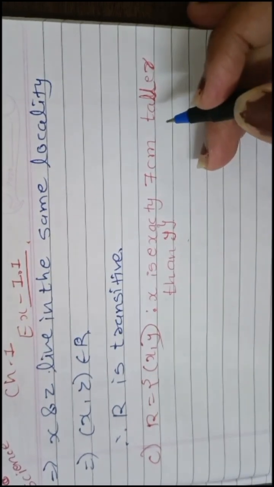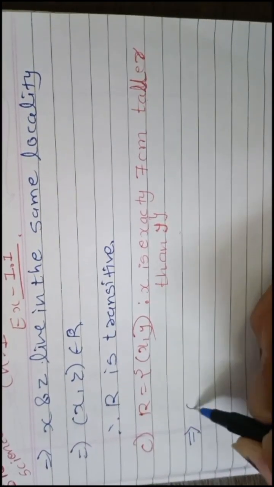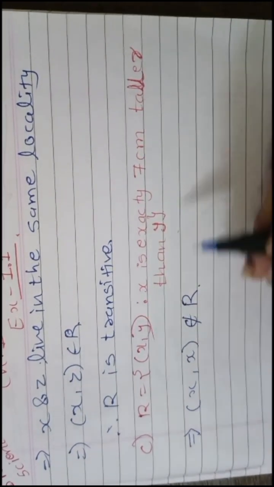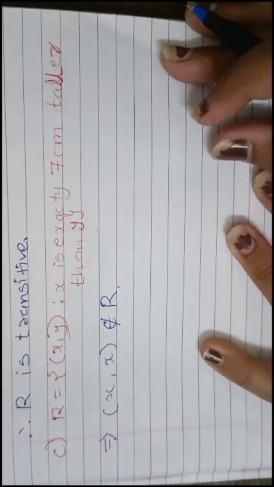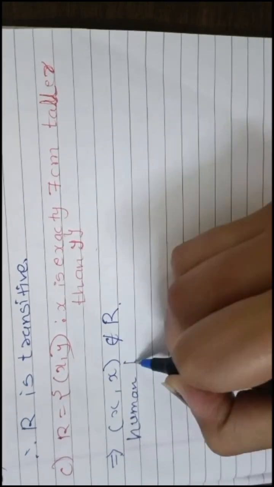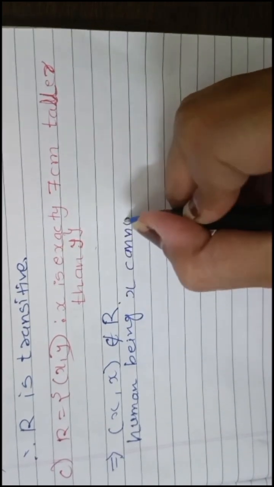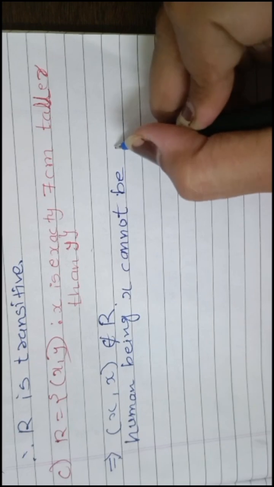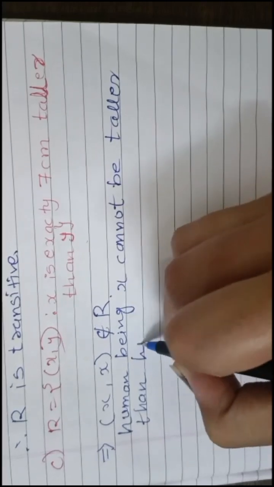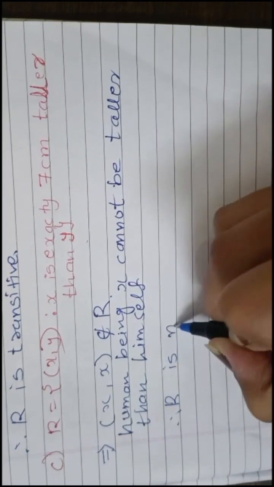First of all, we will check for reflexiveness. (x, x) does not belong to R, since a human being x cannot be taller than himself. That's why R is not reflexive.